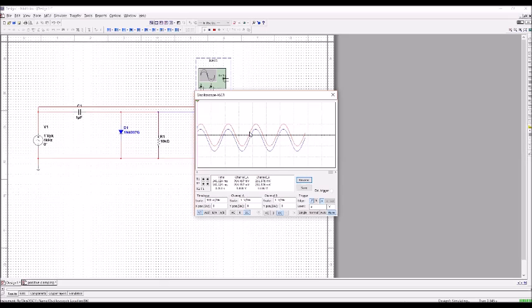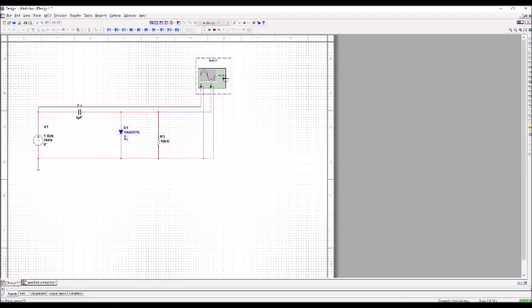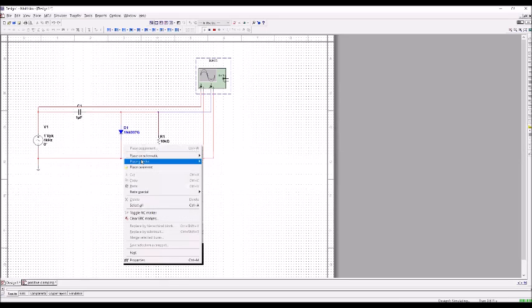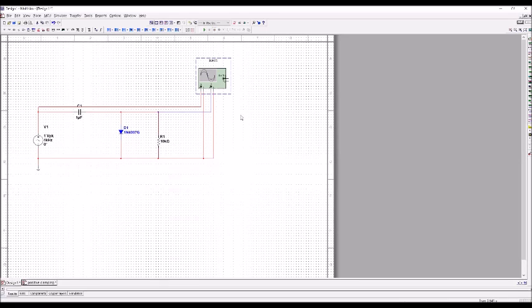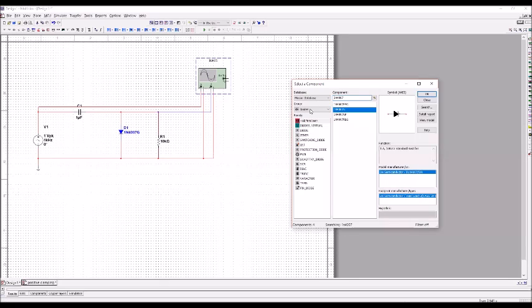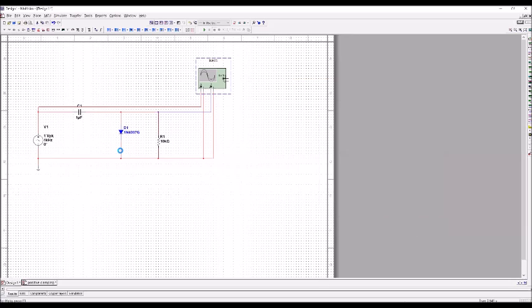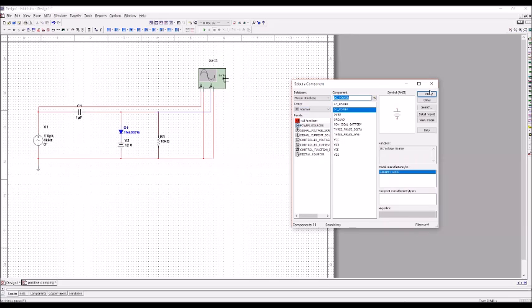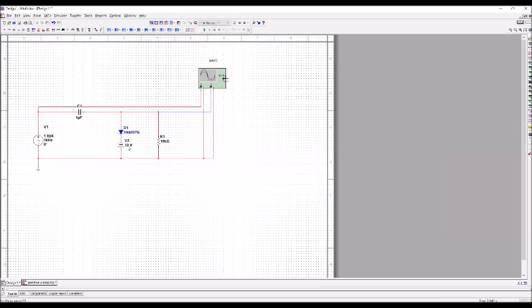So red is the input and blue is the output, but we can see that it's not completely clamped at 0. That is because of the 0.5 voltage drop across this. So we can add a reference DC voltage and the drop is 0.5.